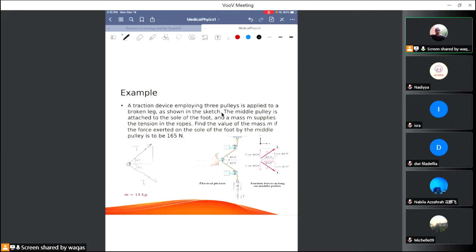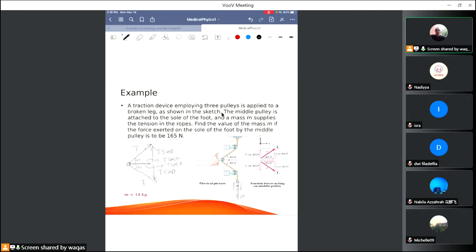So this component becomes T sine theta, where theta is 40 degrees, and this component is also T sine theta. There is a horizontal component, which we can say is T cos theta, and this horizontal component we also call T cos theta.